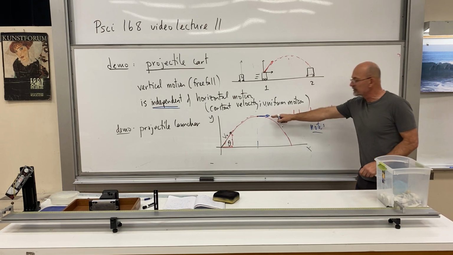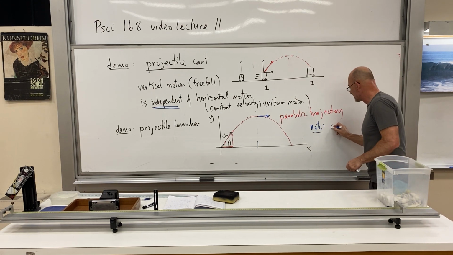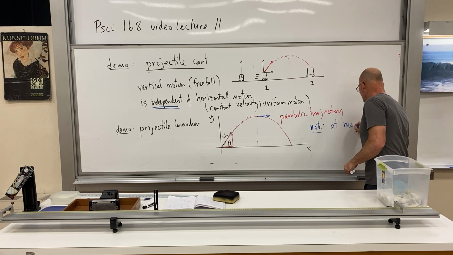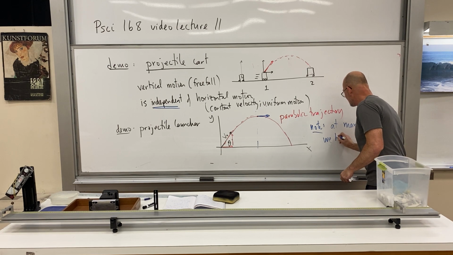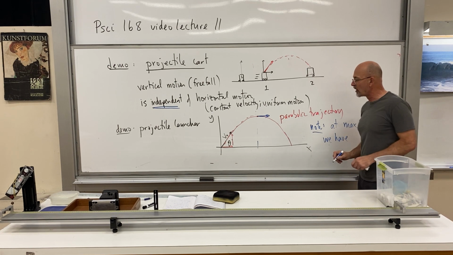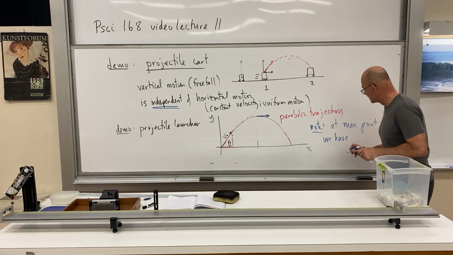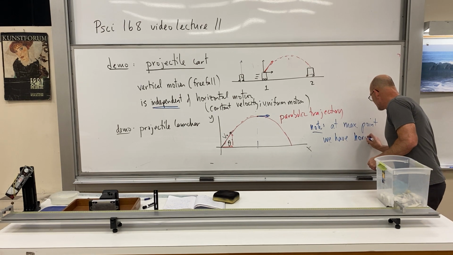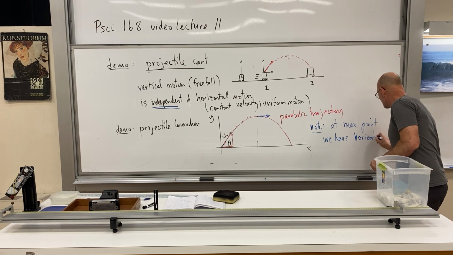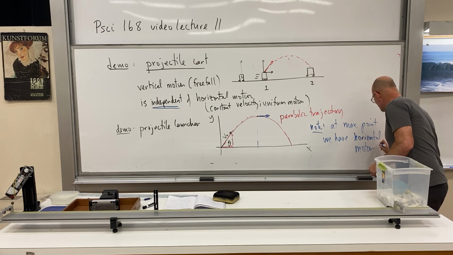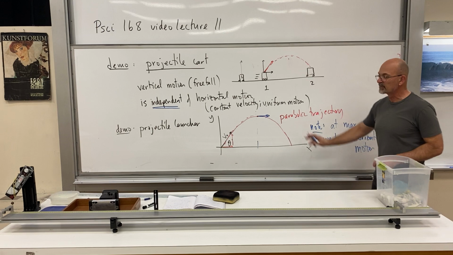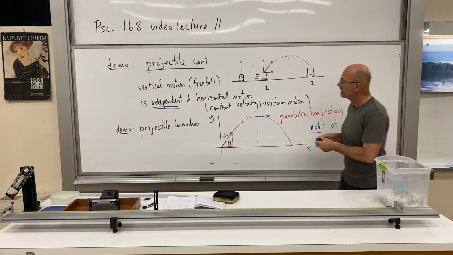At the maximum point of our trajectory, maximum point, we have, for that moment, horizontal motion. Horizontal motion. Put an exclamation point there. That's what I'm going to use now to continue on.